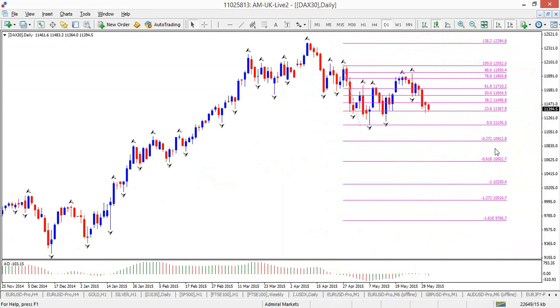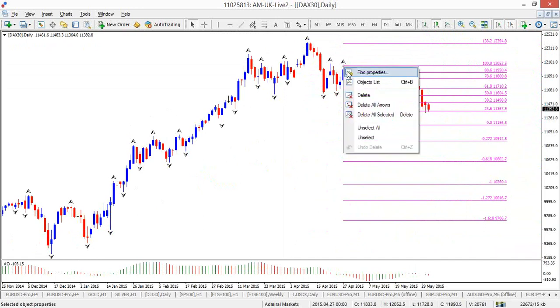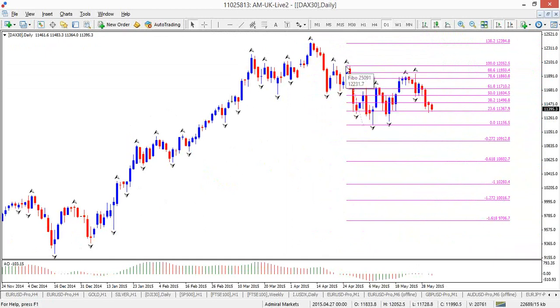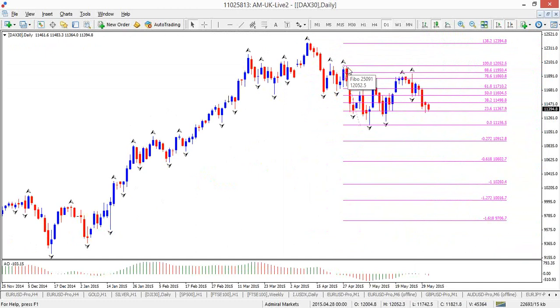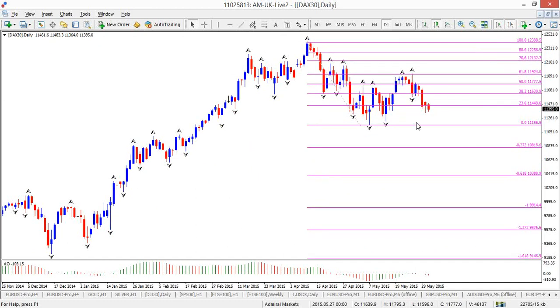88.6 fib here should target the minus 272 at 109.12, and eventually perhaps even lower at this minus 61.8 target, in fact.